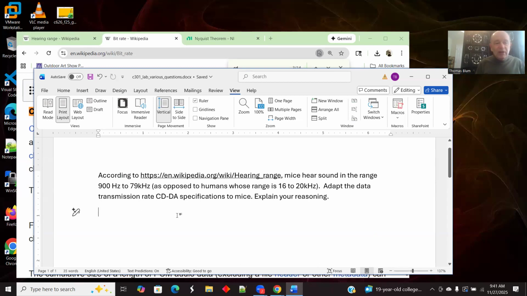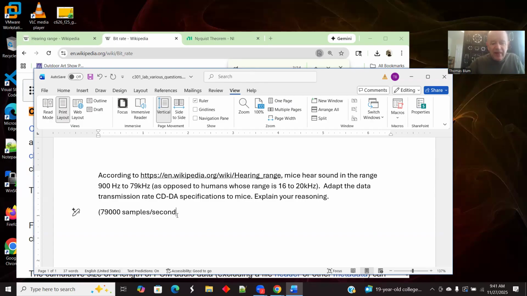But here we go. It is the high frequency that we care about. So that is the 79,000 hertz, and the sampling rate, with some units, samples per second, and maybe some parentheses.